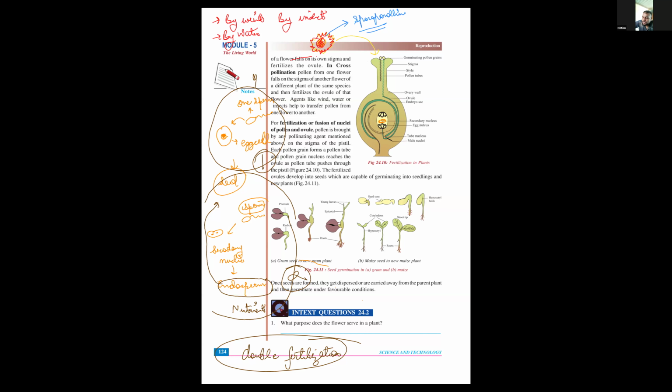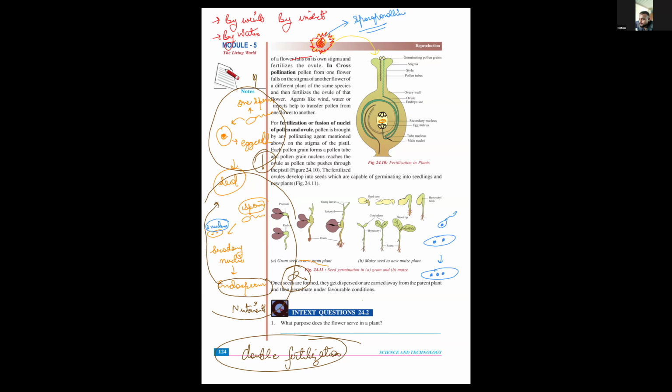Now listen, guys. Basically, the secondary nucleus has two nuclei. The condition of the nucleus is basically like this: one nucleus and two nuclei. Now, the sperm is also coming. It also has a nucleus. When they form endosperm, how many nuclei will be there? Three nuclei will be there.